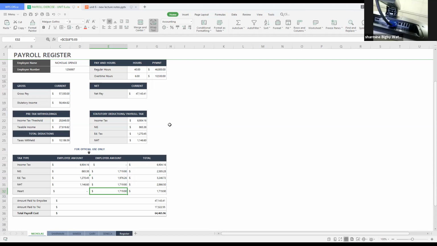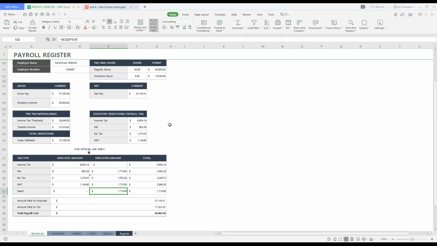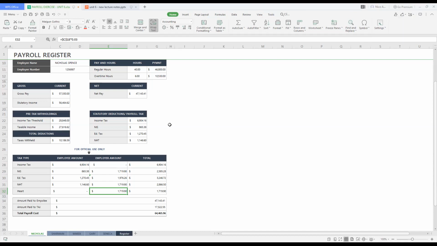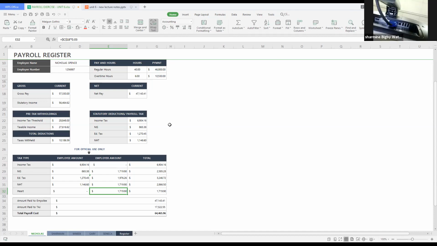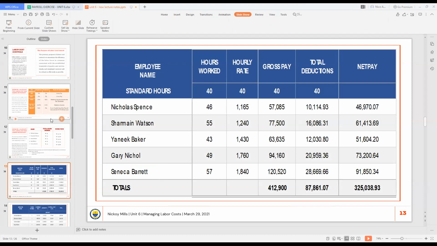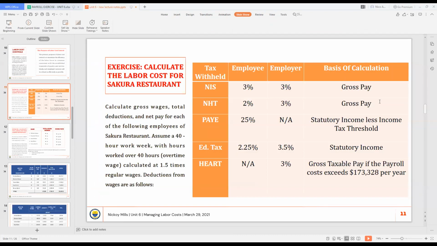I have absolutely no idea what you're talking about. You are taking away the income tax threshold from your statutory income. We are trying to find out what portion of the employee's pay we should charge the 25% on. And I said before that the taxable income is statutory income minus the income tax threshold.